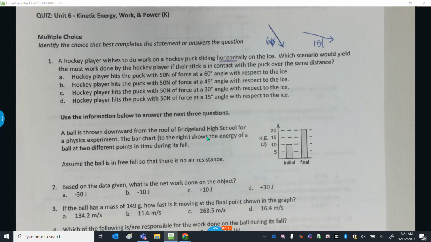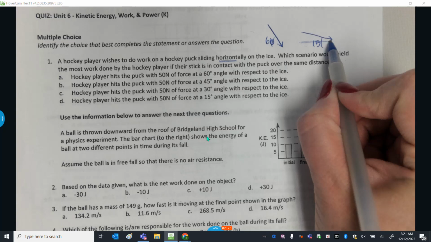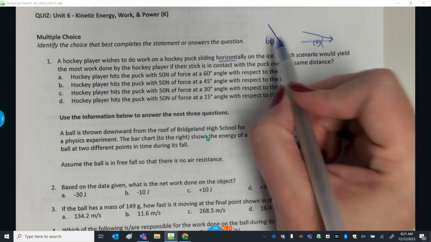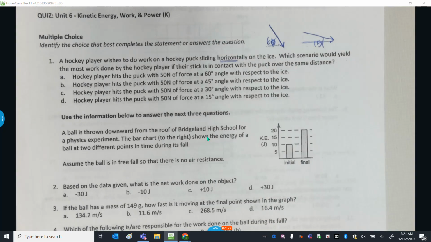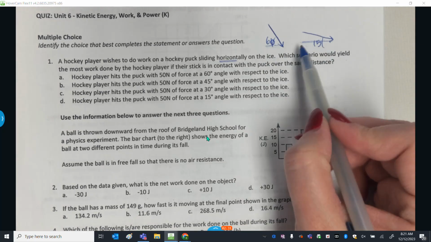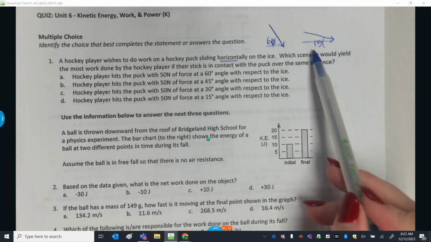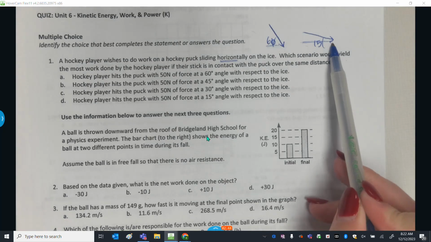I can tell just by looking at these that this component is going to be larger than this one. The x component here is relatively short versus this. If the angle is 0, it's completely horizontal, and the closer you get to that, the smaller the angle, the greater portion of the force that is horizontal.